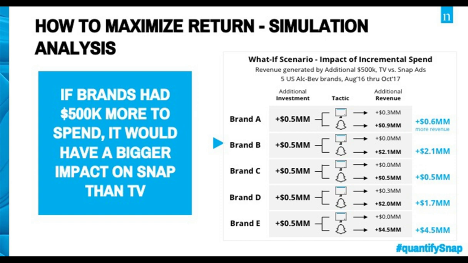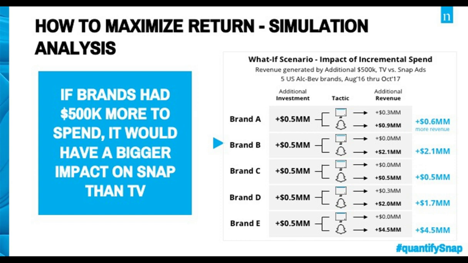So part of this was to look at the shape of the response curve, or saturation curve, for each of these 5 brands, and how where you are along that saturation curve, or diminishing returns curve, compares for TV, which was the largest and most common spend for these 5 brands. There's a lot of data on the slide, so let me walk you through it. Each row is one of the 5 brands: brand A, B, C, D, and E.